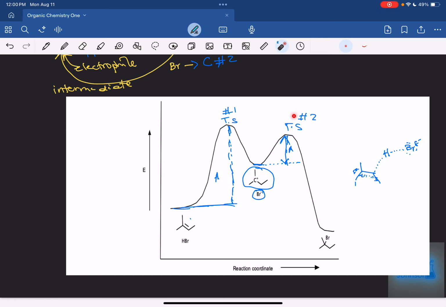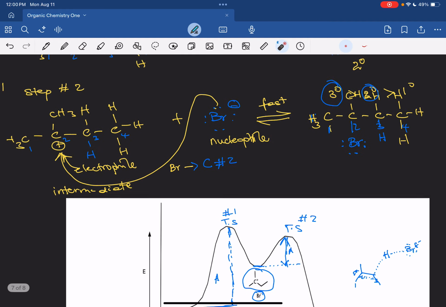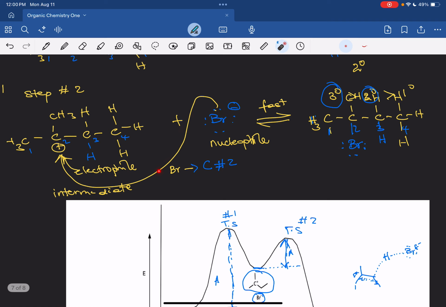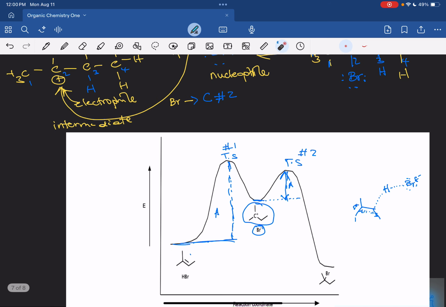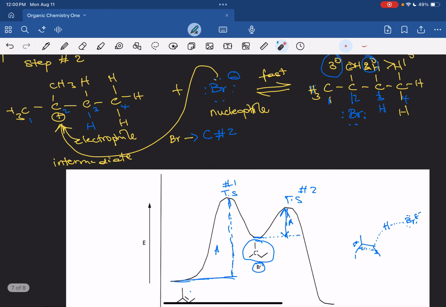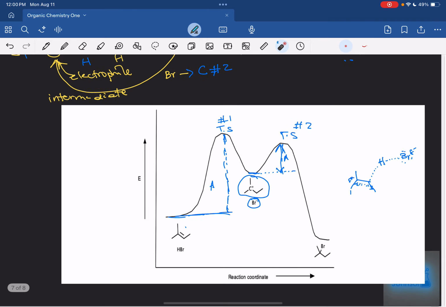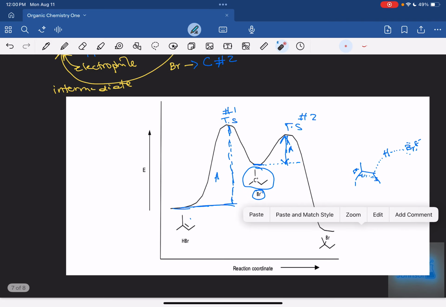Your transition state to here, right? Remember, for this transition state, the carbocation and your bromine are making a bond. So you will show a partial bond between this carbon and your bromine. That's how your transition states show partial bond breaking, partial bond forming, right? When you get to, for example, here, your intermediate, nothing is transitioning anymore.